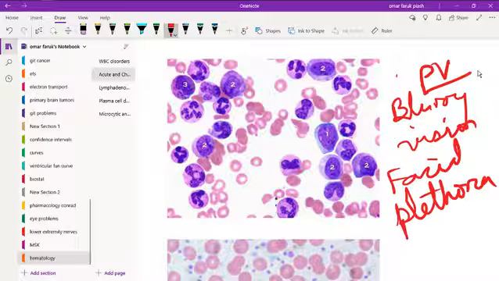So you can do phlebotomy, and you can give a drug called hydroxyurea, which increases hemoglobin F. Without treatment, the patient may die within a year.